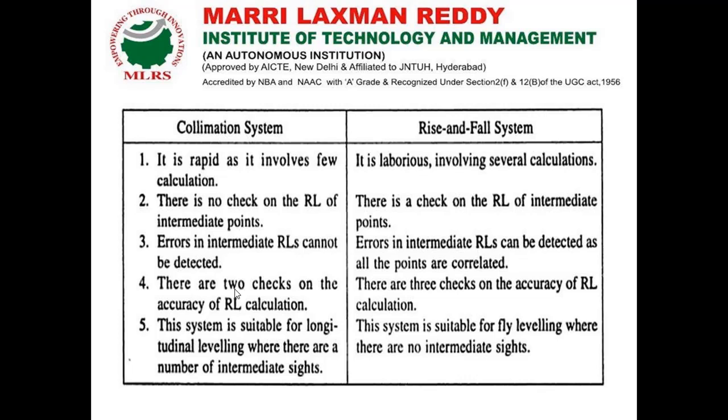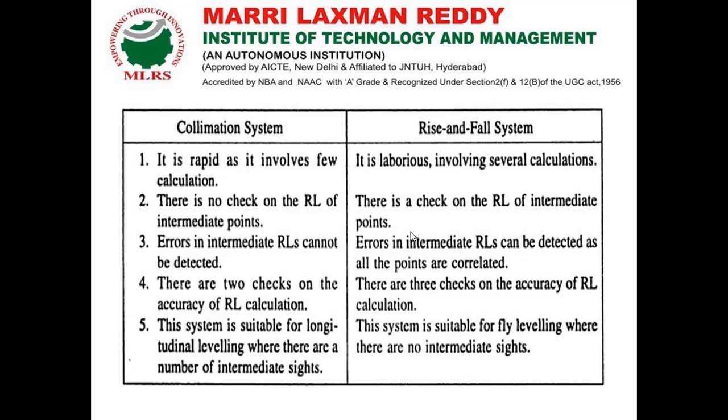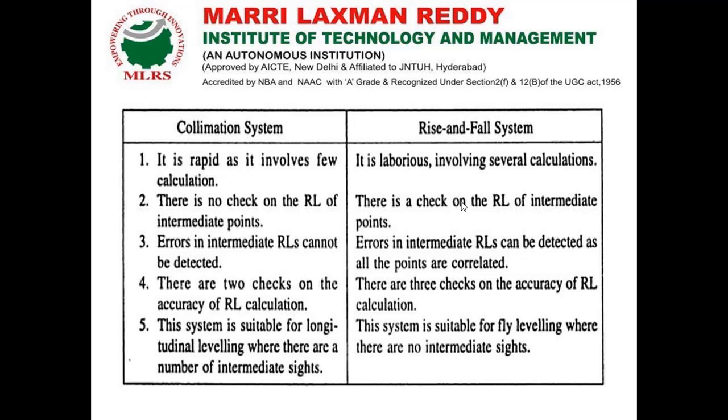It is laborious, involving several calculations. Yes, here we have rise and fall, reduced level, everything, so we have to do two things. And there is a check on RL of intermediate points. Here we have continuity between each and every reading in the rise and fall system, and errors in the intermediate RL can be detected.